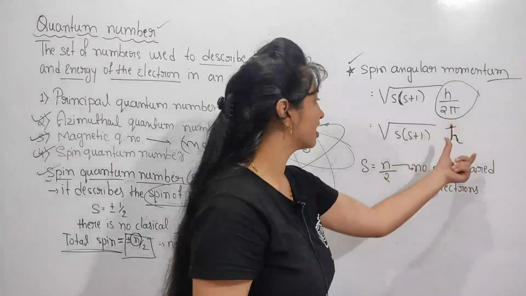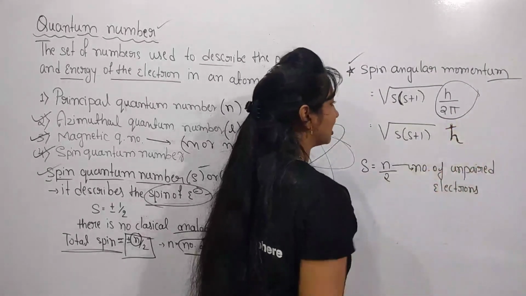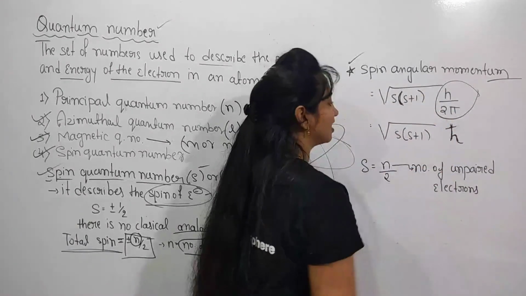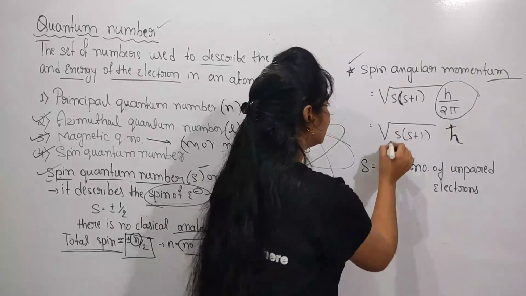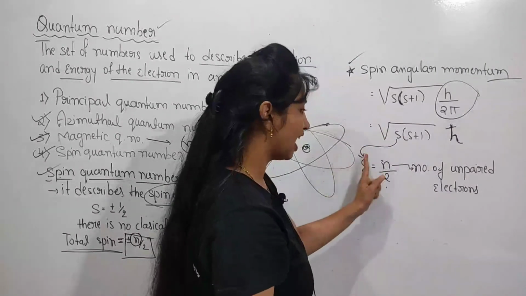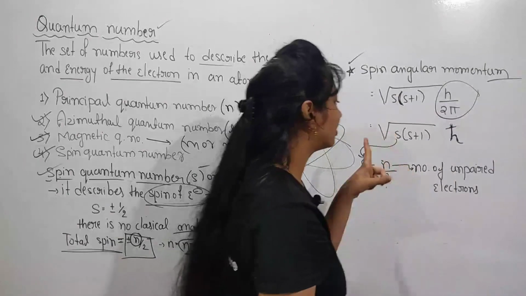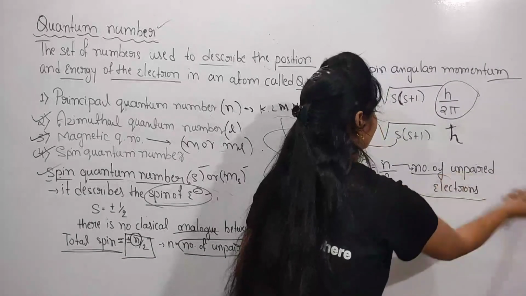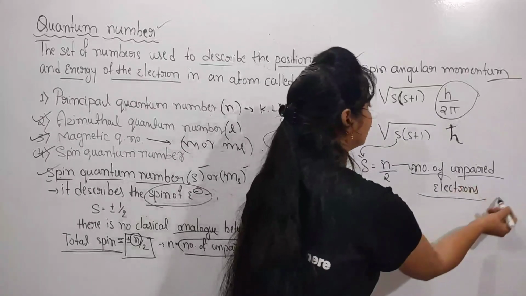Here the s value is n by 2, where n, as I already told you, is the number of unpaired electrons.